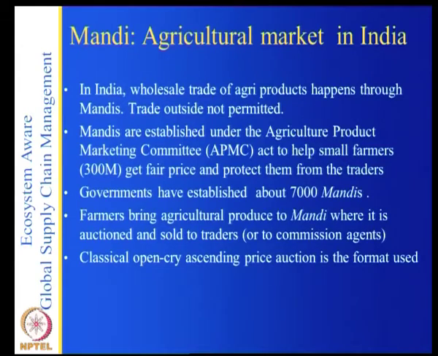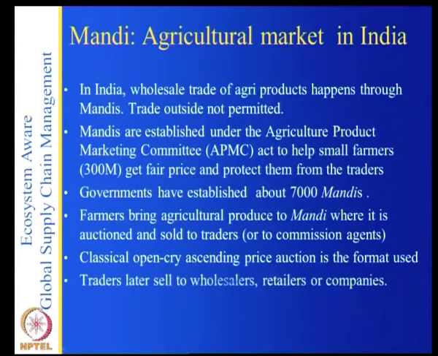In other words, all the players are there at one place and somebody manages it, and each person is shouting. It's an ascending auction. That is, if somebody says some price, then the next cry is going to be more than that, and so on. The highest bidder wins. Traders later sell to wholesalers, retailers, and companies.